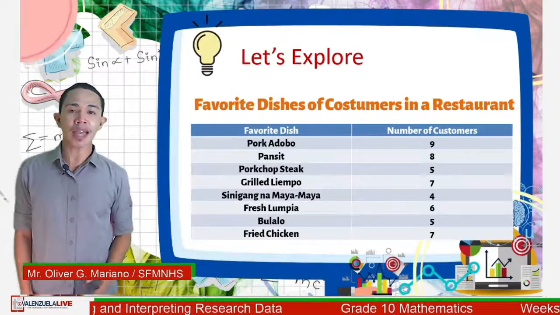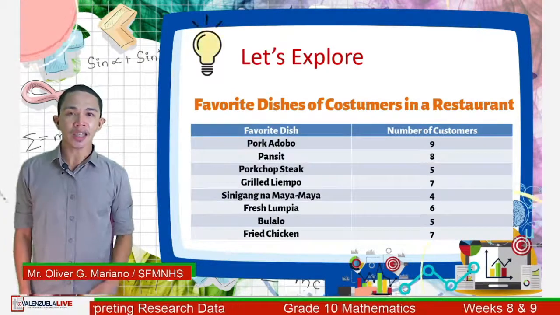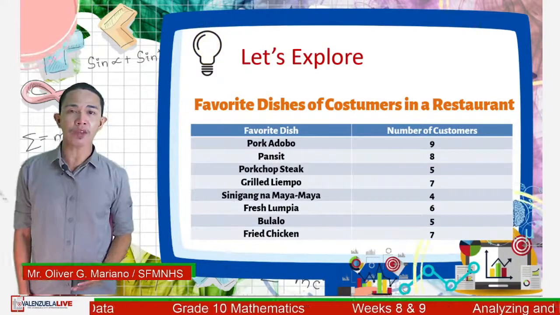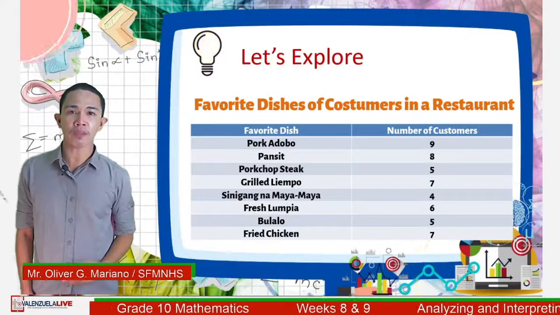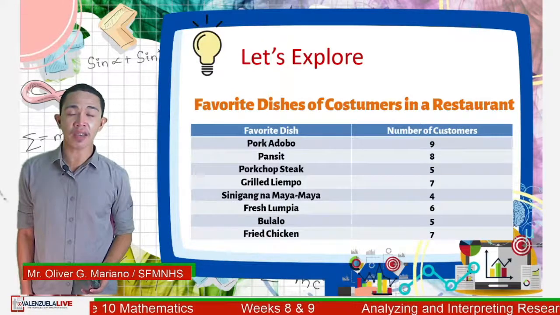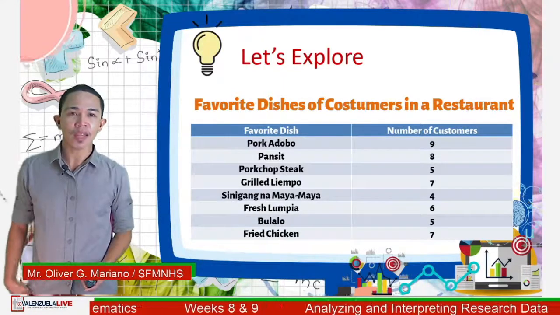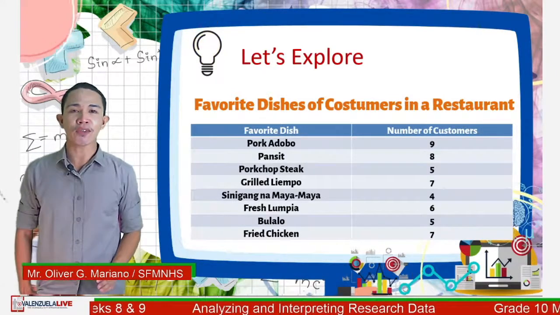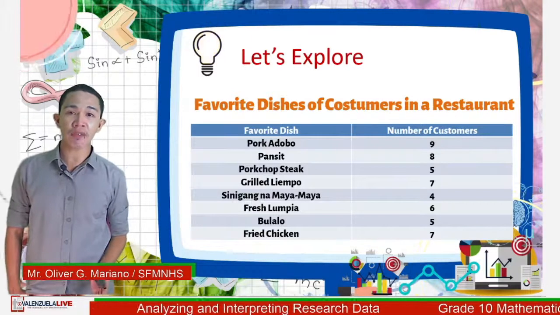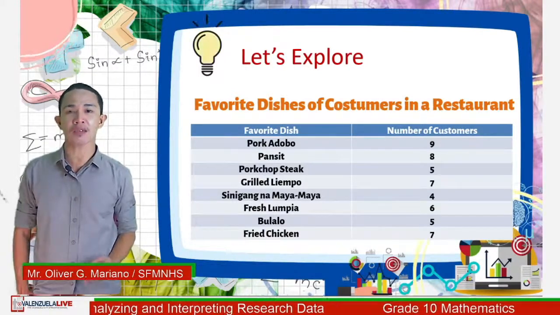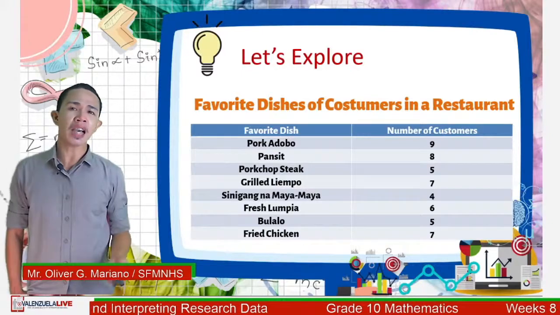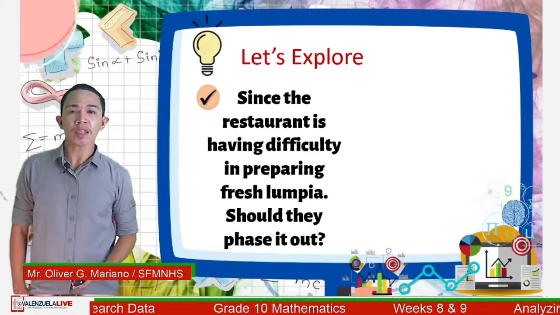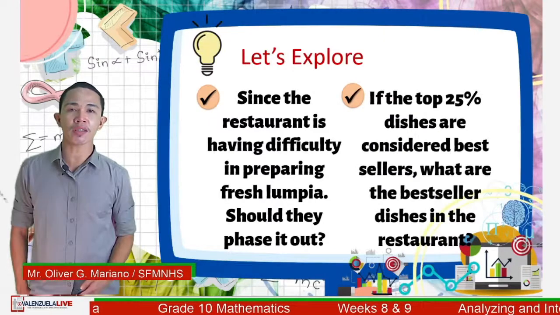We have 9 customers saying that their favorite dish is pork adobo, 8 of them for pancit, 5 for pork chop steak, 7 for grilled liempo, 4 for sinigang na maya-maya, 6 for fresh lumpia, 5 for bulalo, and 7 for fried chicken. Now, the restaurant owner wishes to answer the following questions.